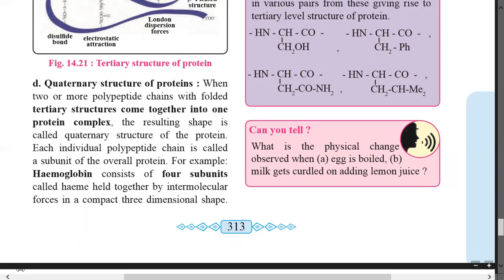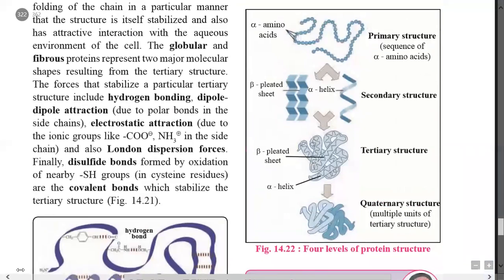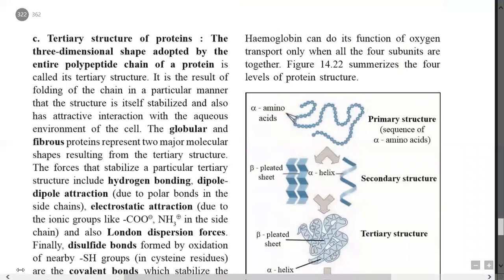For example, hemoglobin consists of 4 subunits called heme, held together by intermolecular forces in a compact three-dimensional shape. So we will study this quaternary structure.